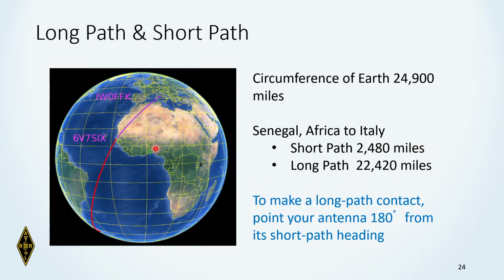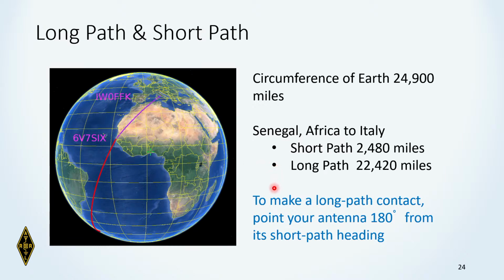Now, what would happen if you were, let's just say you're using a beam antenna, and you pointed it 180 degrees away from the station you were wanting to talk to? Well, it's possible with multi-hop for that signal to go from the Earth to the ionosphere to the Earth and multi-hop all the way around the Earth and come back over here in Italy. That's the concept of long and short path communications.